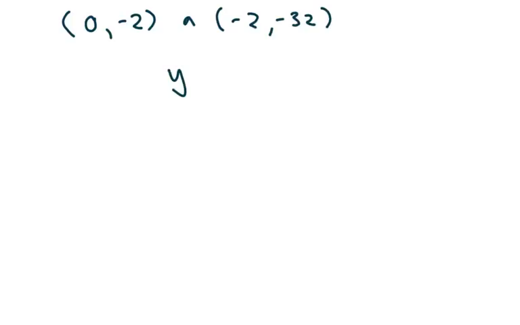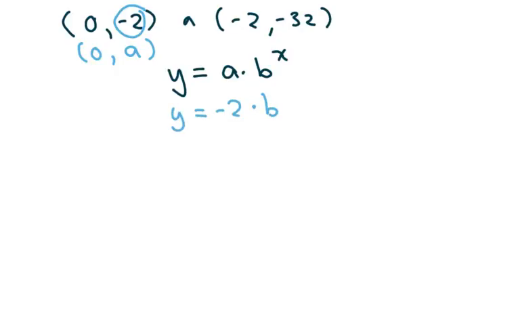The first one we have is (0, -2) and (-2, -32). I want to write an exponential function of this form. My a is going to be -2, so I'm just plugging in my a.